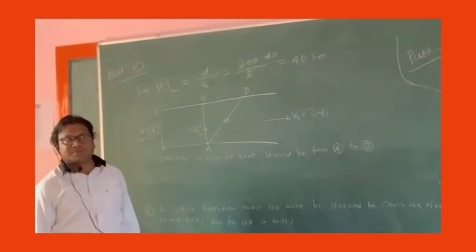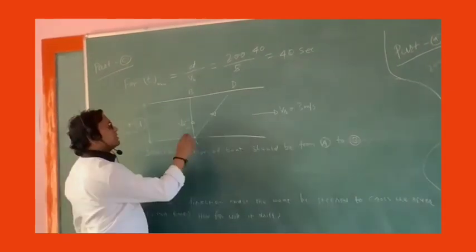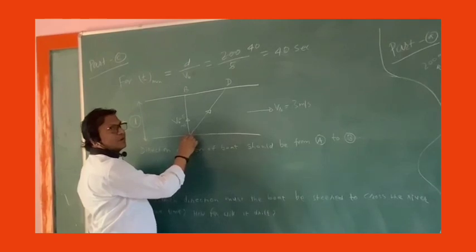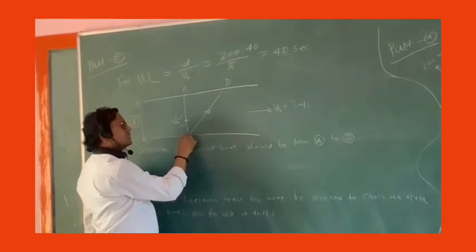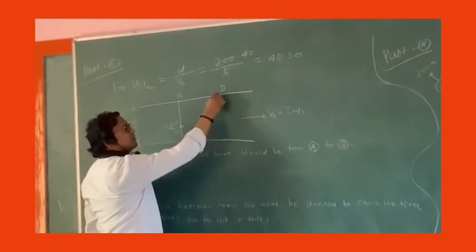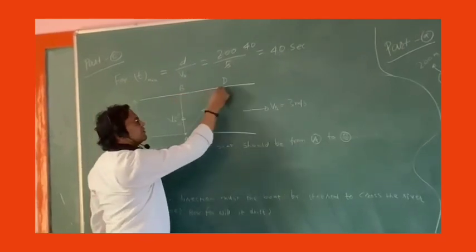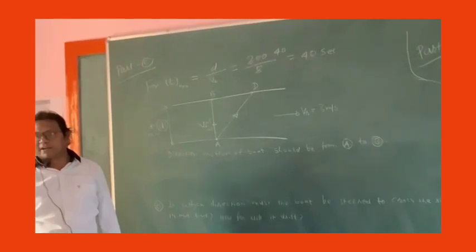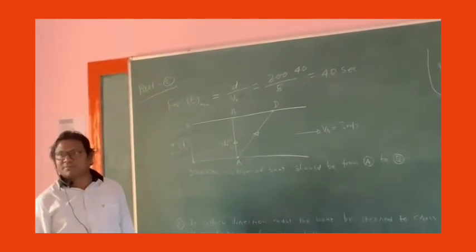Are you getting my point? If the boat is traveling along this path, then indirectly, if someone is traveling from this to this place, then indirectly he traveled this distance and this distance also. Indirectly. Are you getting?